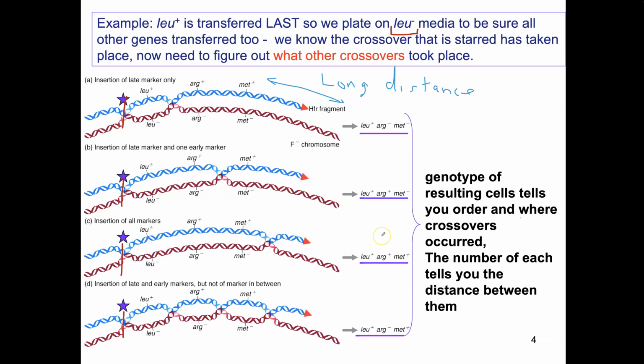All of these will grow on media that doesn't have any nutrients added to it except arginine and methionine. So that's our way of getting our total number of cells, and there's going to be lots of these guys. And then there's going to be some of these ones.